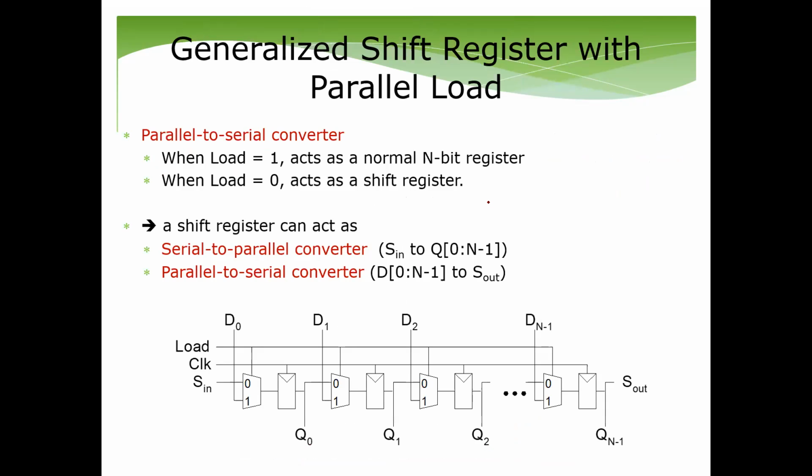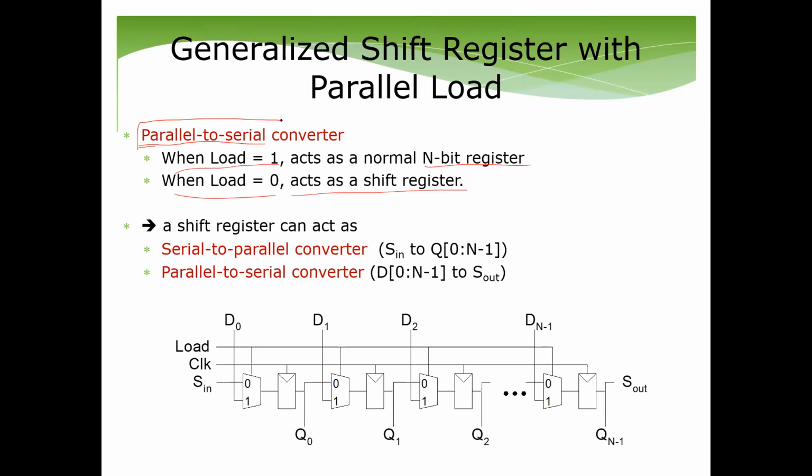All right, so generalized shift register with parallel load. This is what we were doing. And we said if you have a shift register with a parallel load, this can be thought of as a parallel to serial converter. When load is equal to 1, just load the value, and when load equal to 0, work as a shift register.